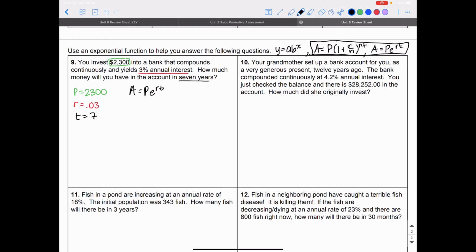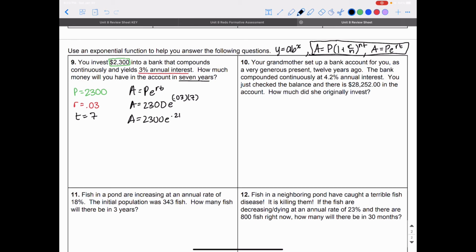I'm plugging those numbers into the formula. I have A is equal to 2,300 times e to the 0.03 times 7 power. When I do 0.03 times 7, I get 0.21. So I have 2,300 times e to the 0.21 power. And when I do e to the 0.21 power in my calculator, I get a number that has a lot of decimals.